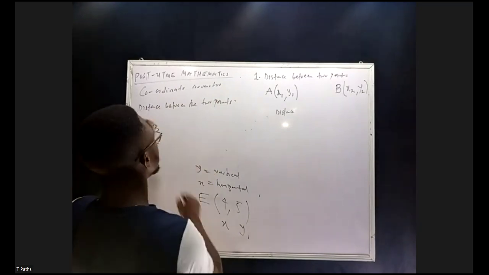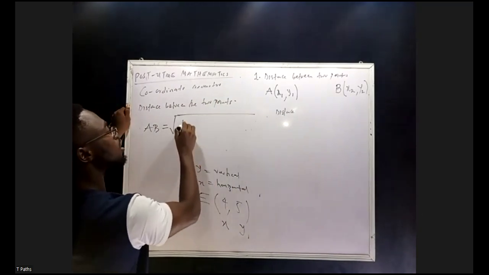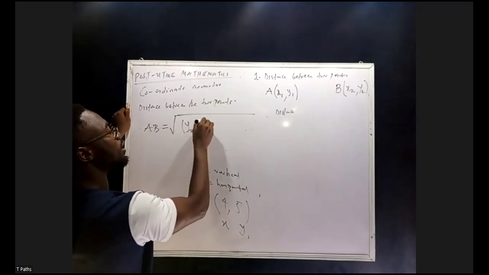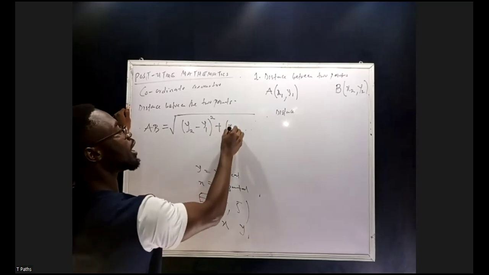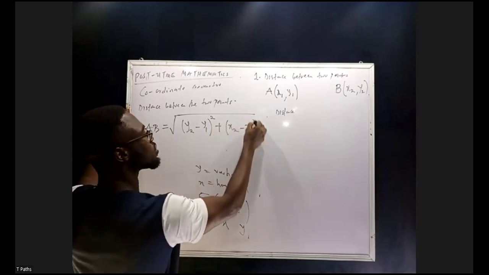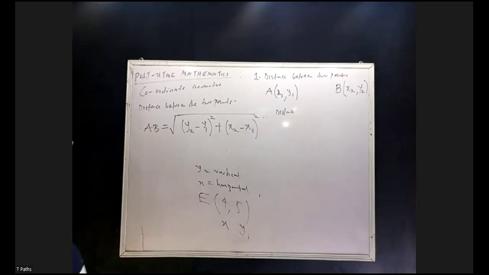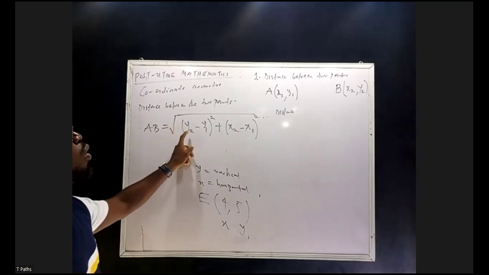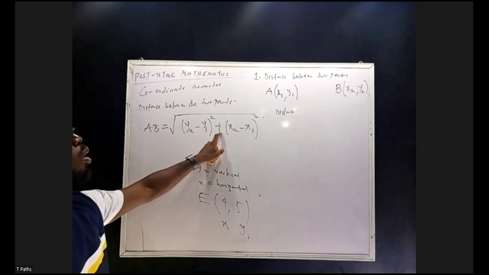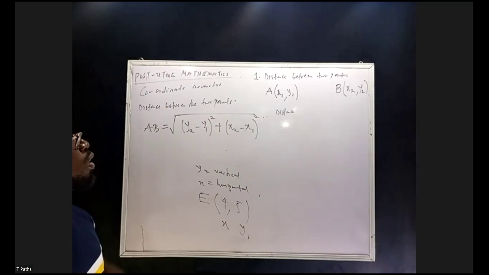Distance between A and B, the formula is giving us square root of Y2 minus Y1 all squared plus X2 minus X1 all squared. That's the formula you have to have at the back of your mind. The formula for the distance between 2 points is square root of Y2 minus Y1 squared plus X2 minus X1 squared. Okay? Take the square root of whatever you have there.